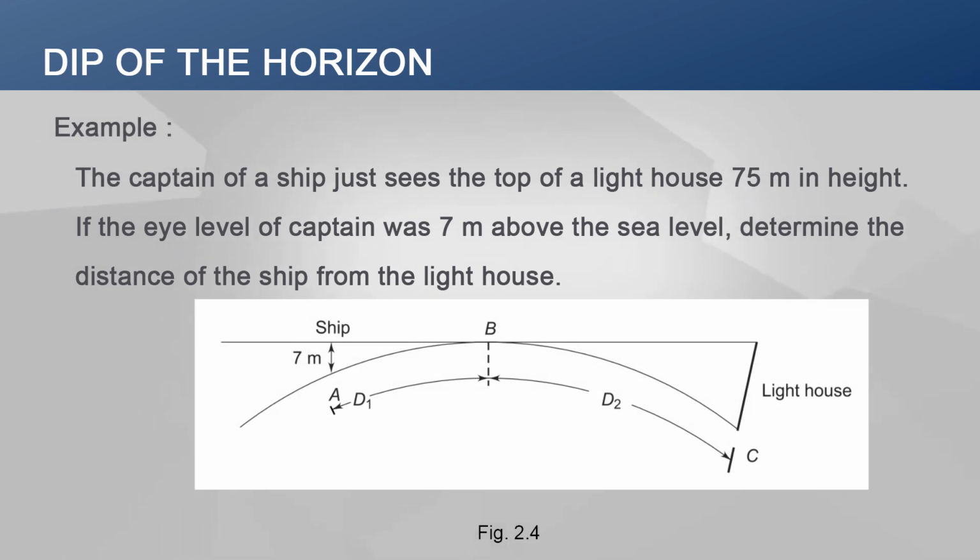So, moving on to the next example, the captain of a ship just sees the top of a lighthouse 75 meter in height. If the eye level of the captain was 7 meter above the sea level as shown in the diagram, we have to determine the distance of the ship from the lighthouse.